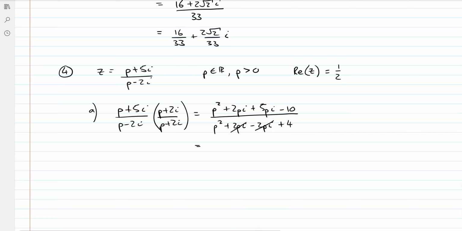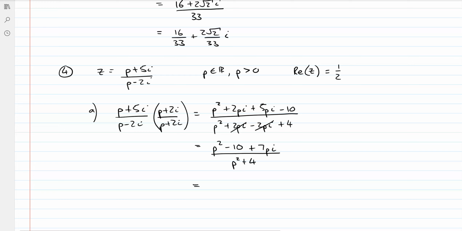So we end up on the top with p squared minus 10 as the real bit, and then 7pi, there's our imaginary bit, and then p squared plus 4 on the bottom.